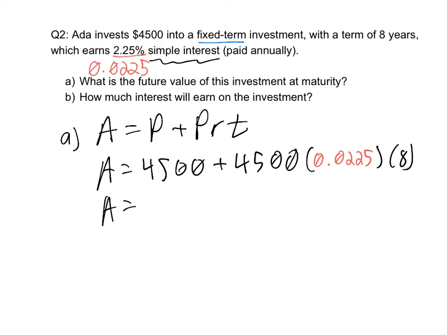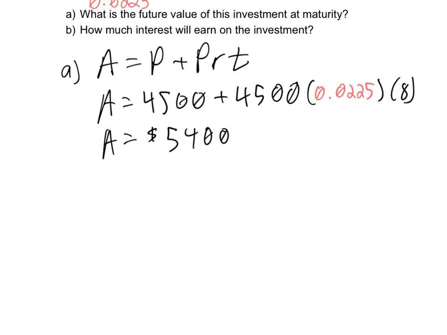Again, this calculation can be put into any standard calculator, and I got $5,400. So the answer to part A is $5,400. That's the amount the simple interest investment will be worth after an 8-year period at 2.25% interest.